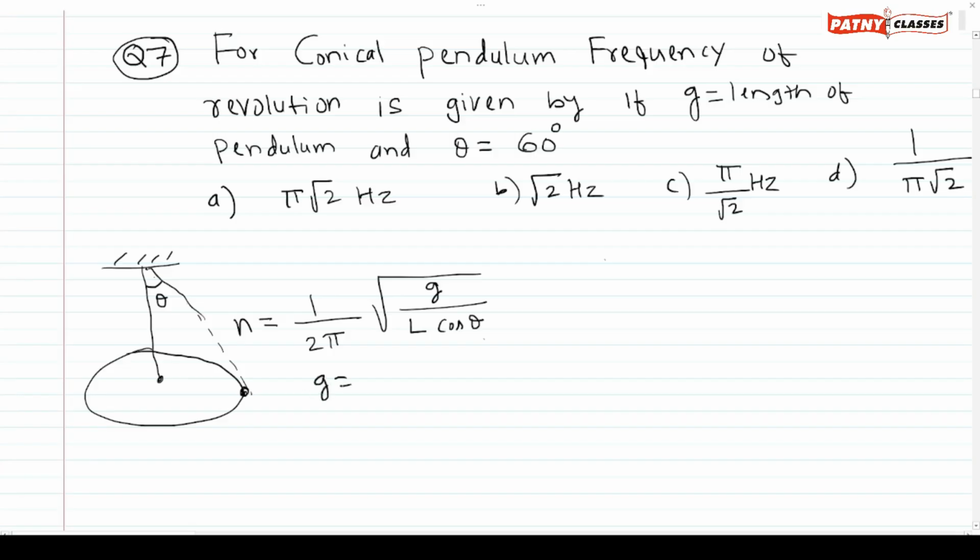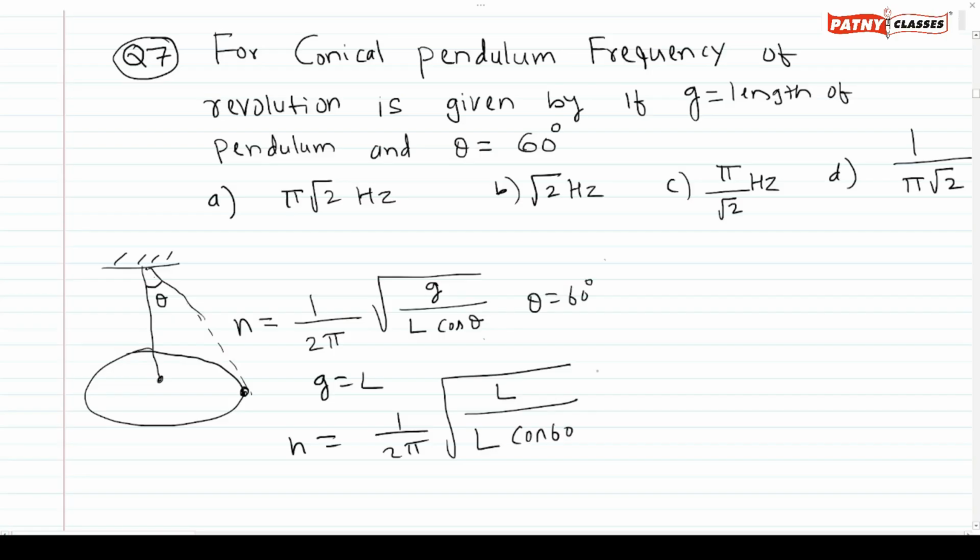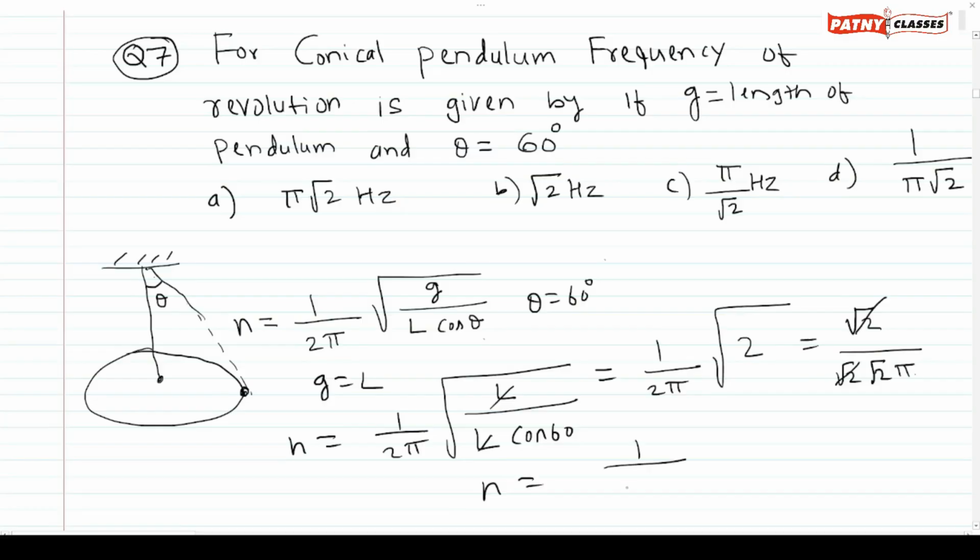Given g equals L, therefore n equals 1 upon 2 pi under root of L upon L cos 60 degrees. L and L get cancelled, and we get n equals 1 upon pi root 2 hertz. So option D is correct. We lock option D.